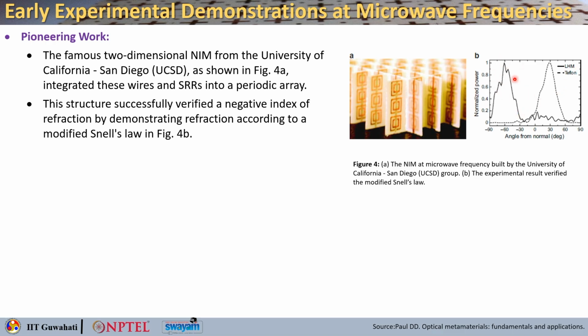Now, these two curves are basically normalized such that the magnitude of both the peaks are matched at 1. So, here you can observe for Teflon sample, the refracted power peak was measured to be 27 degree, okay, somewhere here, corresponding to the positive index of refraction, which is 1.4 plus minus 0.1.